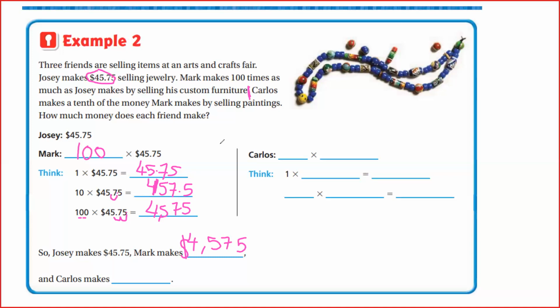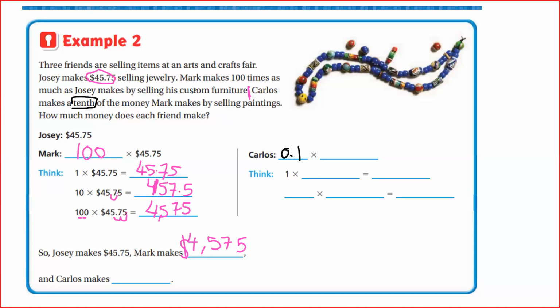Now let's continue. Carlos makes 1/10 of the money Mark makes by selling. So now Carlos, let's translate it. Carlos makes 1/10 of what Mark makes.